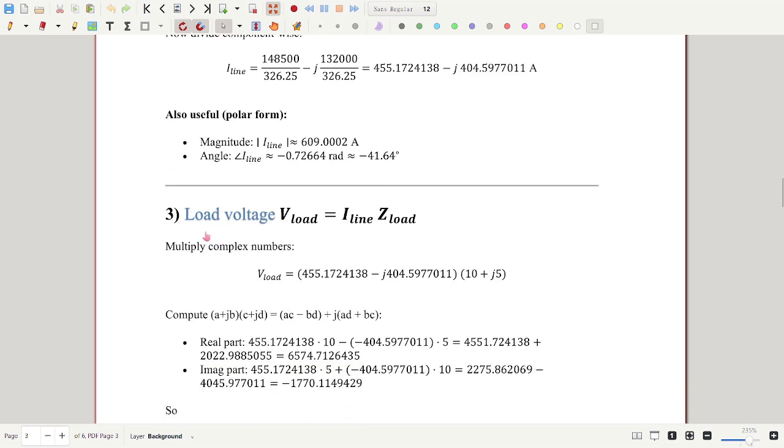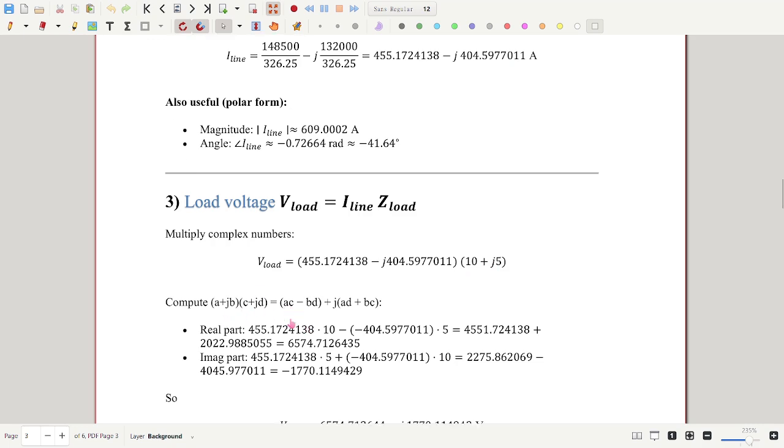Next, we calculate the load voltage. V load is equal to the line current times Z load. The load impedance we have taken as 10 plus j5.